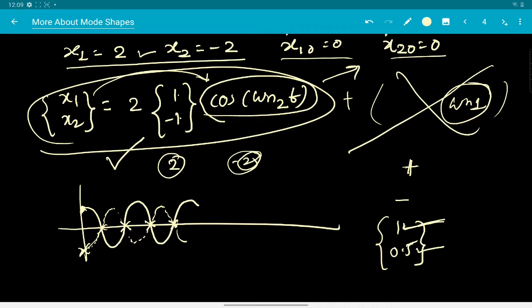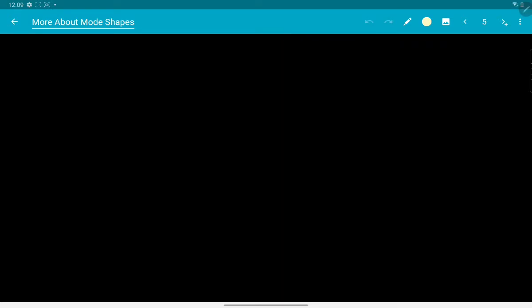In any other case, for any other initial condition, there will not be synchronous motion, and those two masses will never move in a harmonic fashion. They will have periodic motion, but that will not be harmonic. This is something you need to appreciate. And we are going to go even further, and I'll let you know about one property.